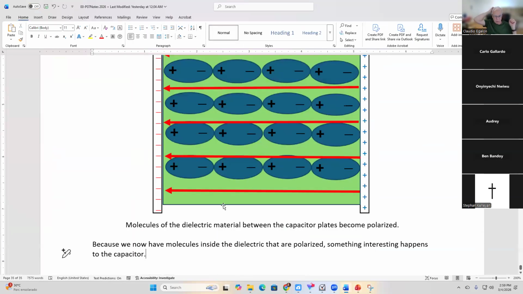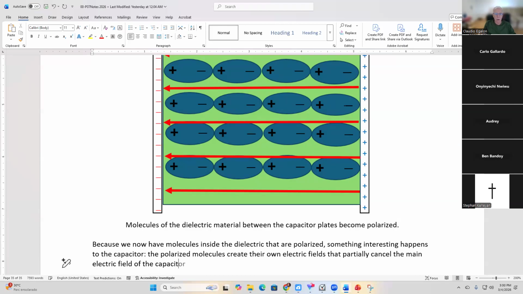Because now we have molecules inside the dielectric that are polarized, the polarized molecules create their own electric field that partially cancels the main electric field of the capacitor plates. Okay?